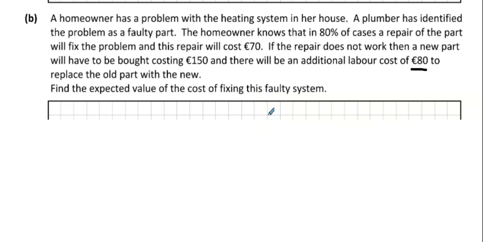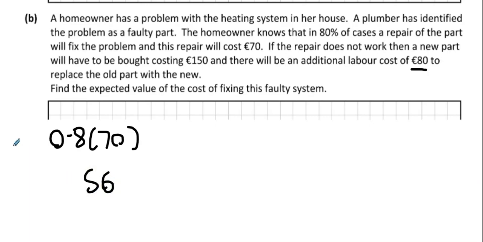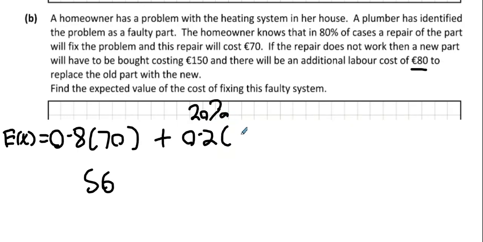Okay, the first thing you can do is get the repair. So there's an 80% chance the repair will fix the problem. So 0.8, which is 80%, multiplied by €70, and that will fix the problem. That's €56. Okay. The next one is the 20% of the time it doesn't work.